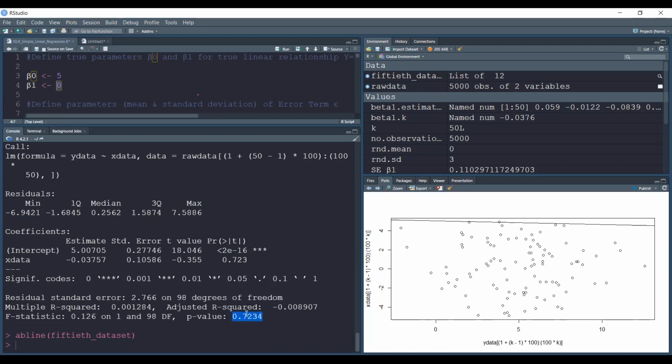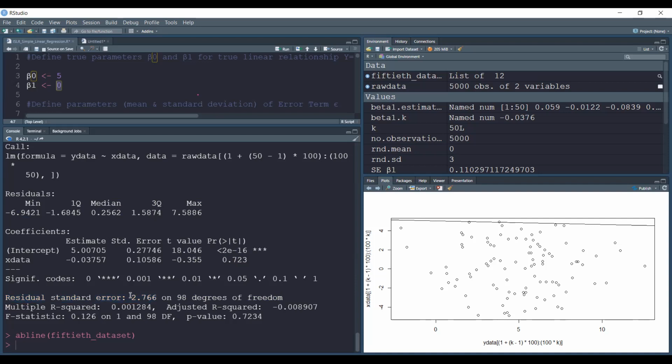We have the p-value for the slope, which is the same thing as over here. 98 degrees of freedom just means 100 observations minus 2. You might remember subtracting 2 in the calculation of the RSE, the residual standard error.